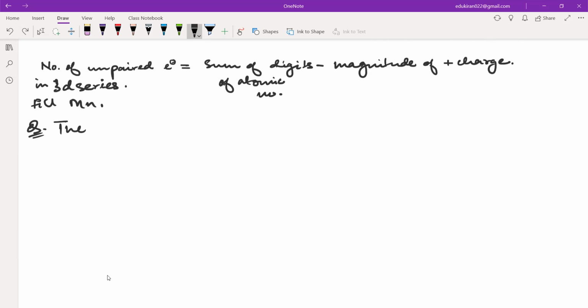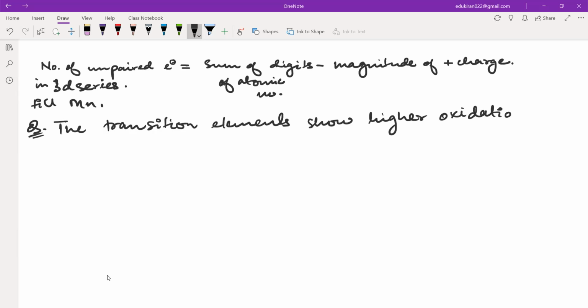The transition elements show higher oxidation states in oxides and fluorides.